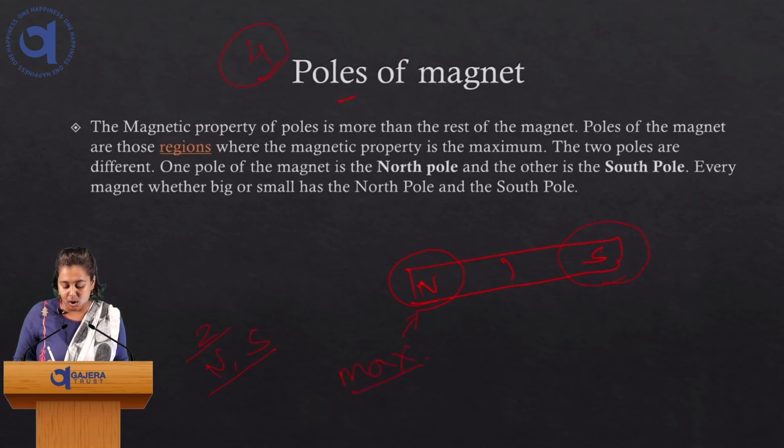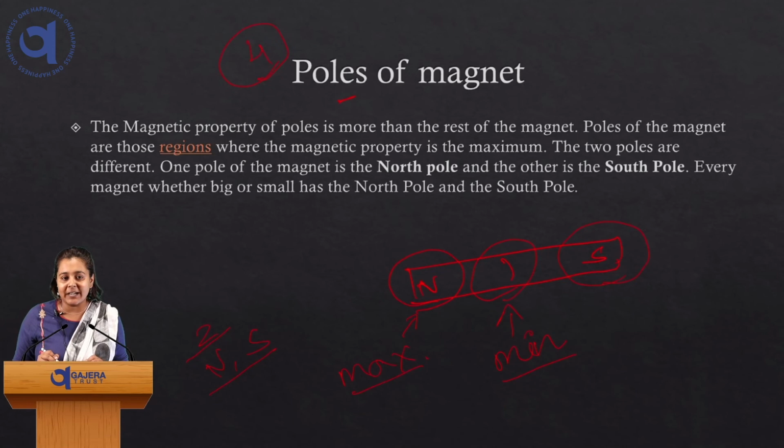Maximum means the strongest. Very strong magnetic force will be experienced over there. But in the middle of the magnet, the magnetic force is going to be minimum. This property is also associated with the poles of the magnet. At the poles, the strength is maximum. In the middle region, the strength is minimum.